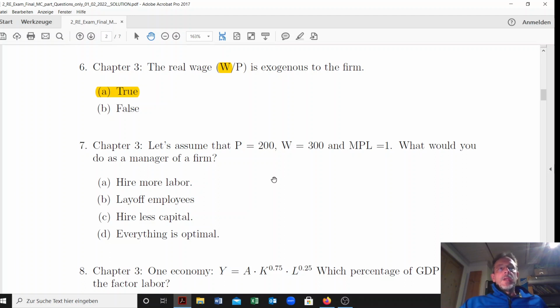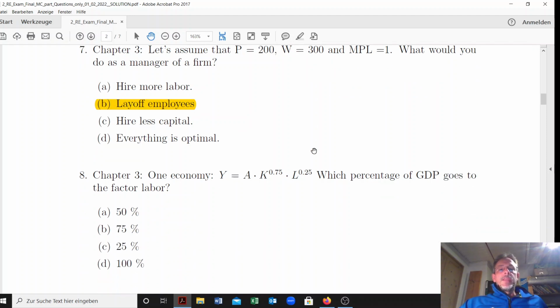But the cost would be up by 300, and therefore the profit would decrease in case that we hire more labor. So the right idea here is that we have to lay off employees, because when we lay off employees, we are losing 200 in revenues, but we are saving 300 in cost, so profits will increase by 100.